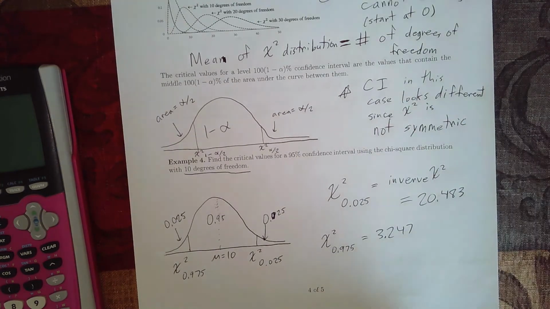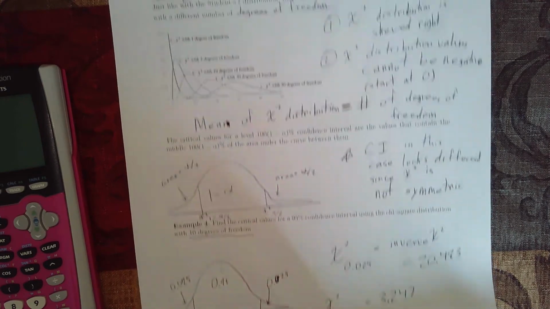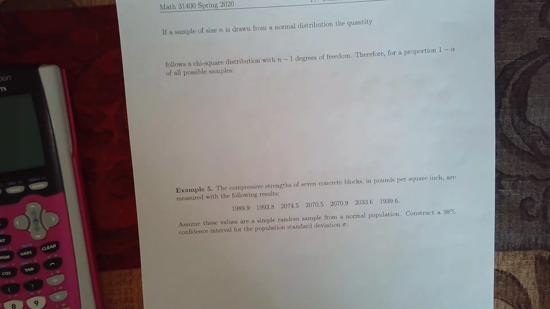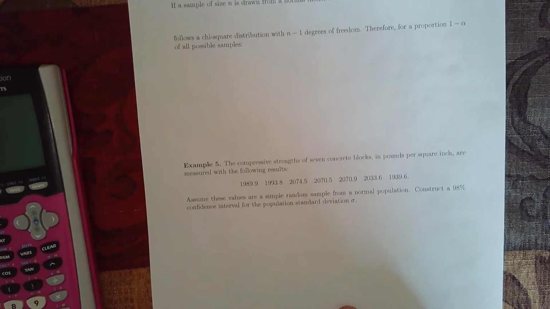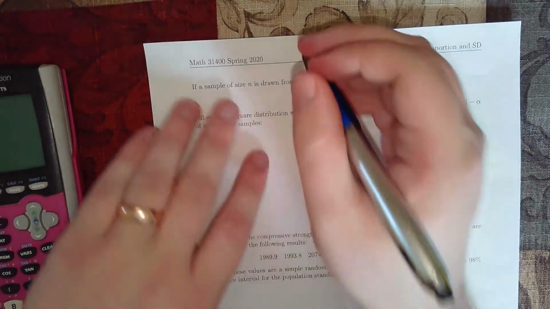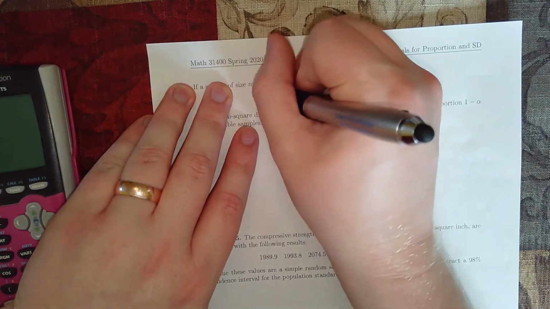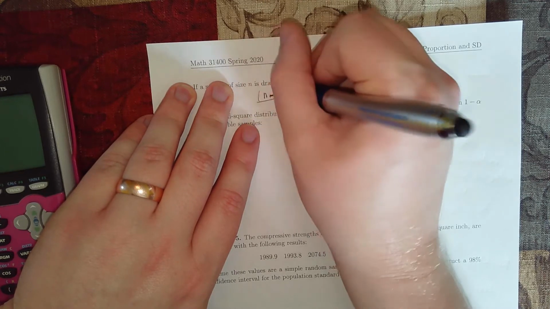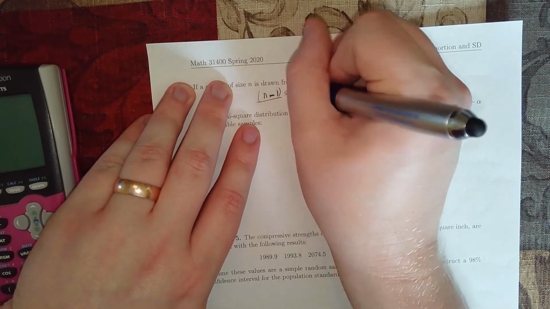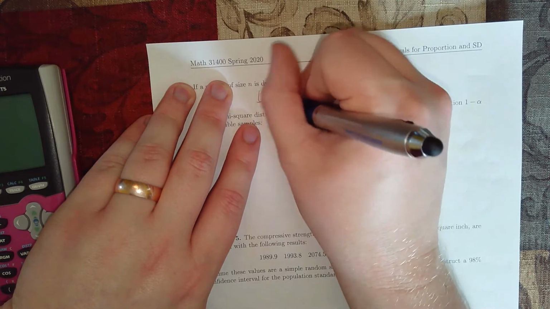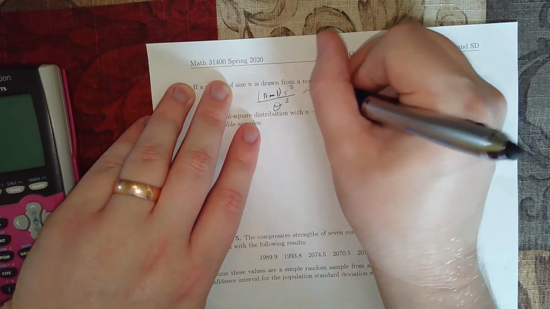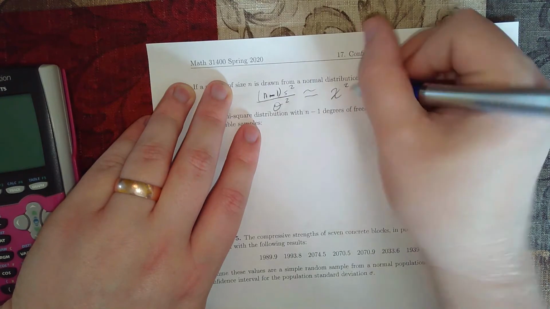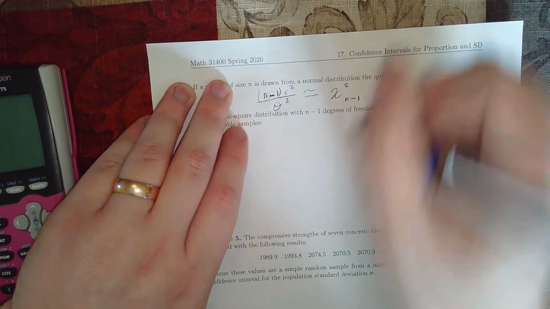And so we have these different values for our cutoffs that we're looking at. If we have a sample of size n that's drawn from a normal distribution, the quantity n minus 1 times the sample standard deviation squared over the population standard deviation squared is going to approximately be equal to these chi-squareds of n minus 1.